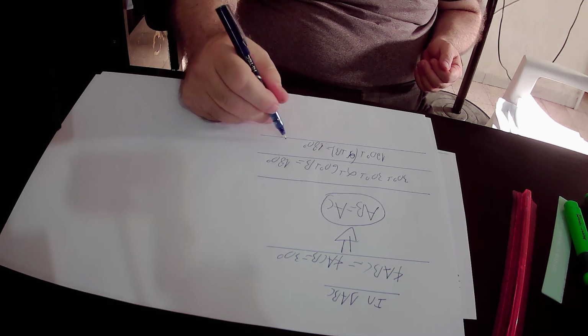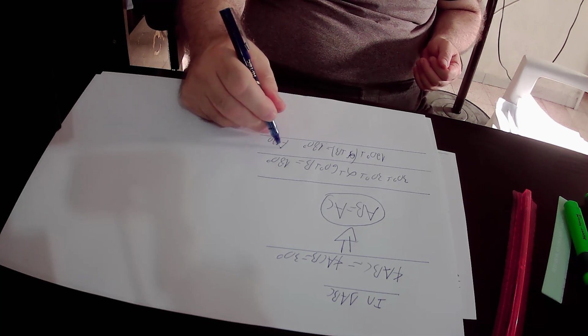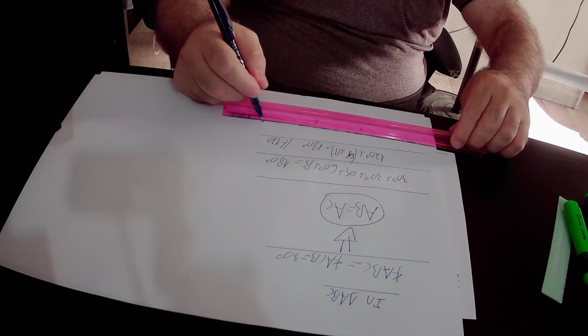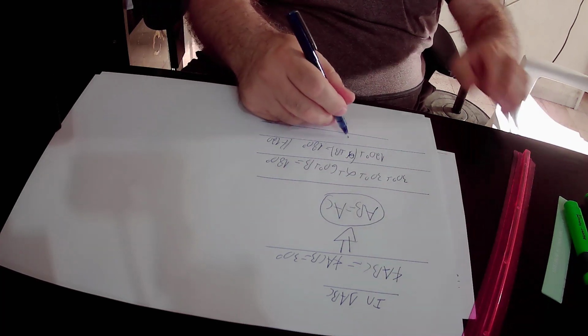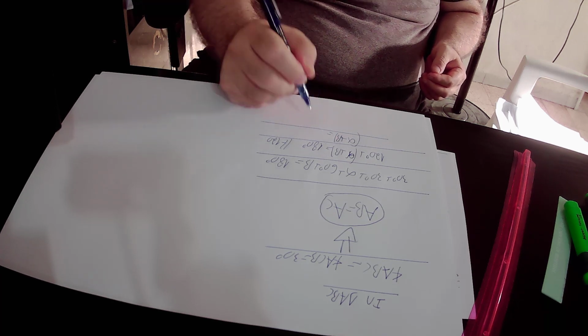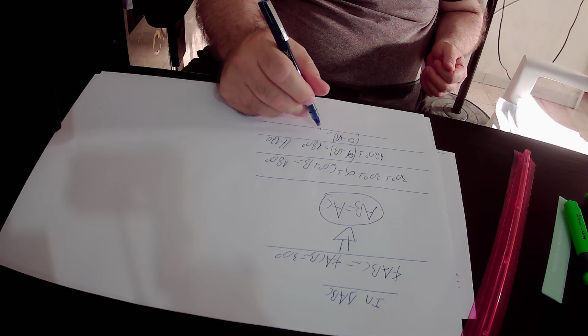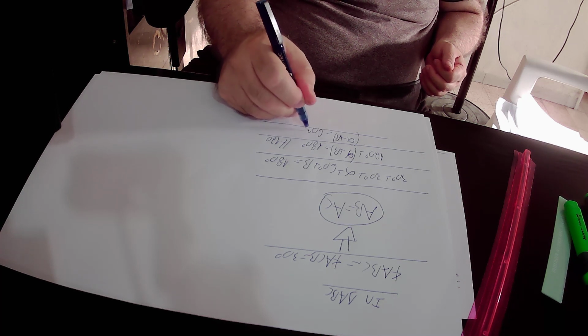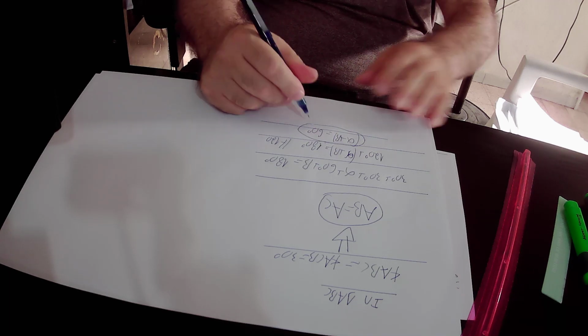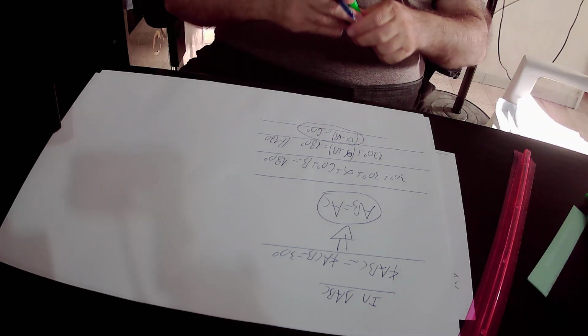So we subtract 120 degrees from the equation, and we get that alpha plus beta equals 180 degrees minus 120 degrees, which is 60 degrees. So we found out that alpha plus beta equals 60 degrees.